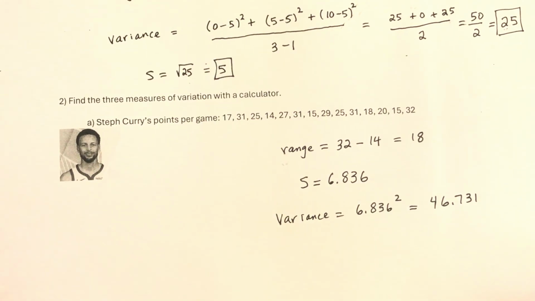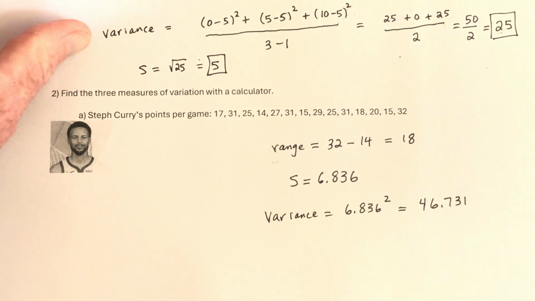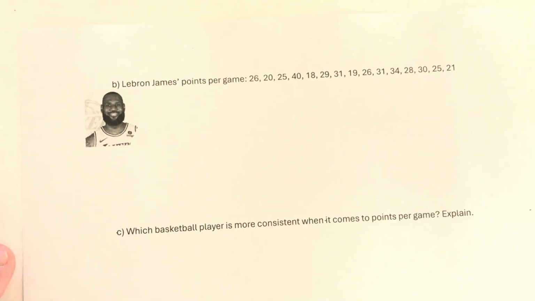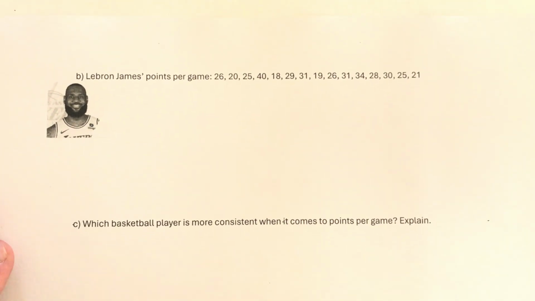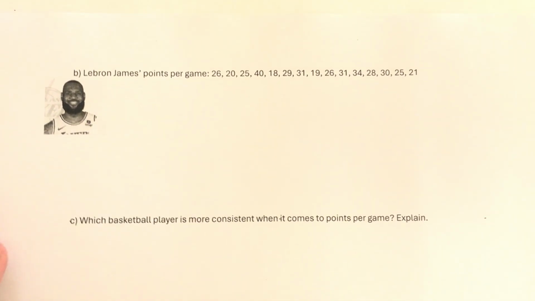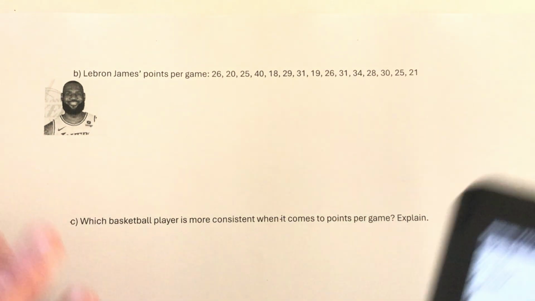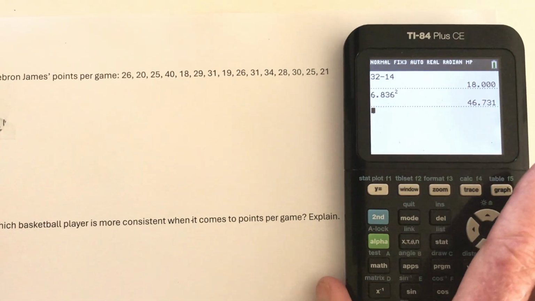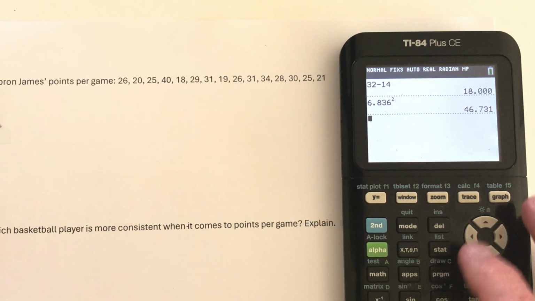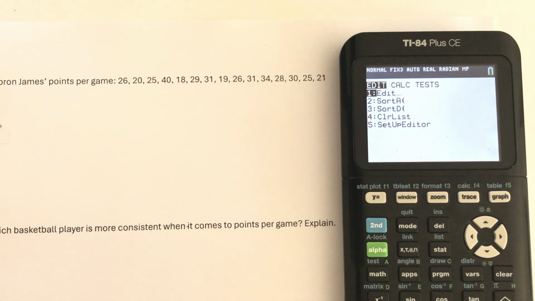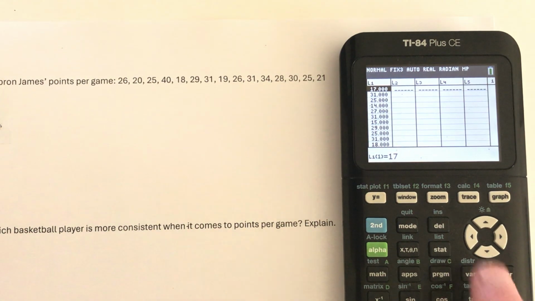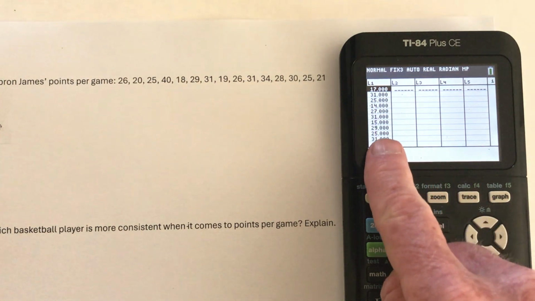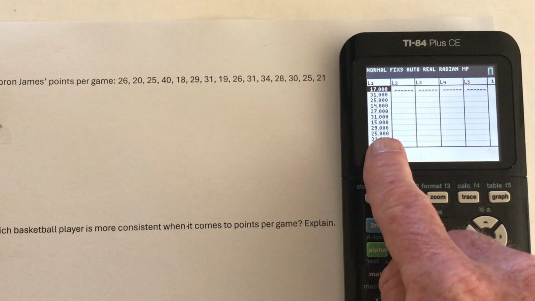Okay, so that was for Steph Curry, and now how about for LeBron James? Basically, we just go through the same steps. When I go to put in the data, so go to the edit, in case I need to use Steph Curry's scores again, I'm not going to erase it.